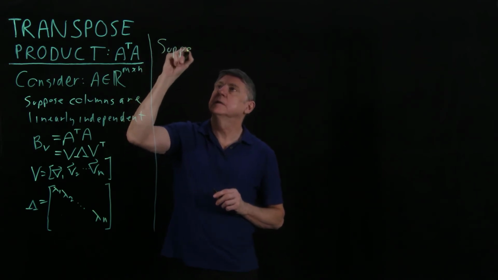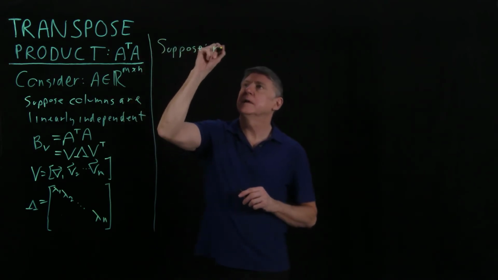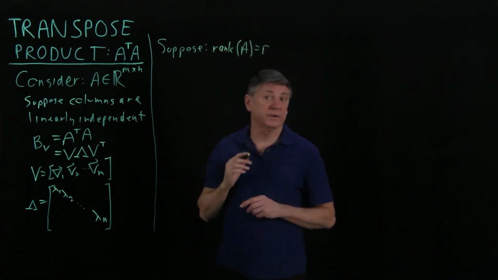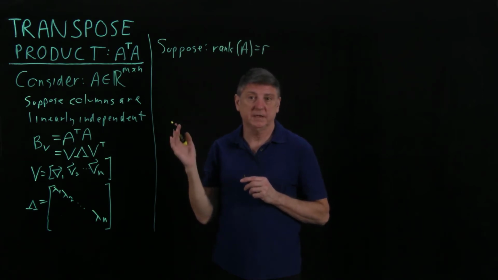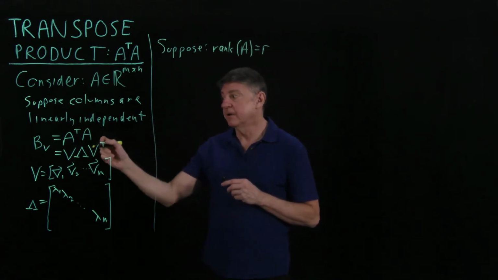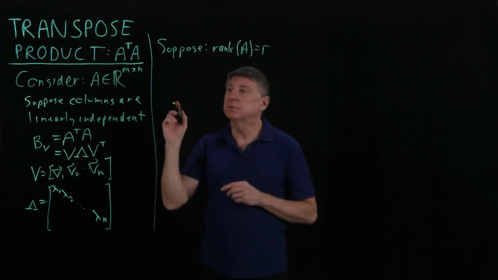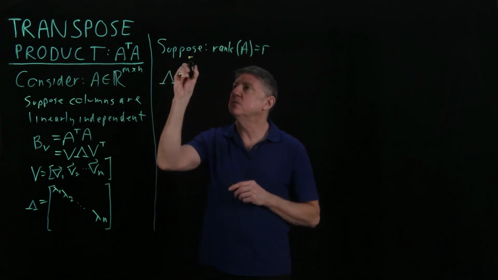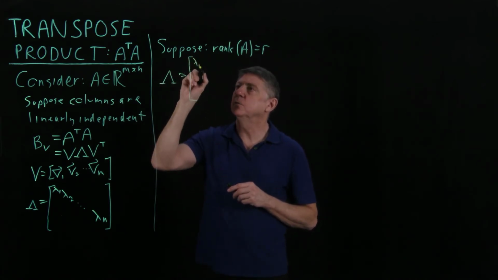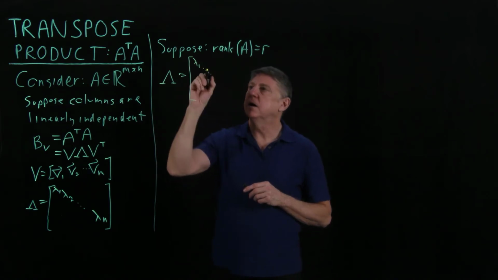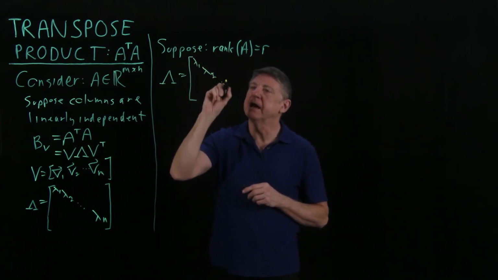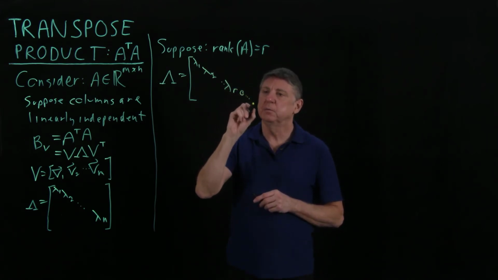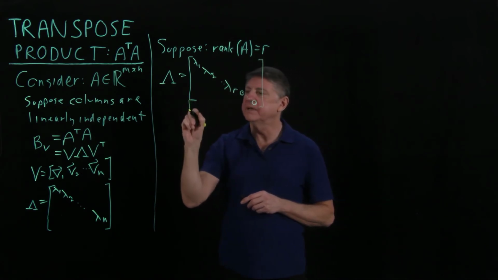Now, let's suppose a second thing. Let's suppose that the rank of this matrix is r, where that is not necessarily equal to n. So it will still have a spectral decomposition, and what will change is that the eigenvalue matrix will have lambda 1, lambda 2 and so on, and then there will be some lambda r which is the last non-zero, and then we'll have zeros all the way down.